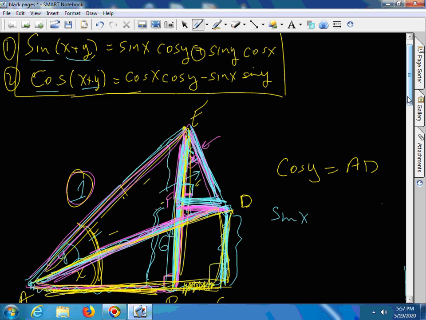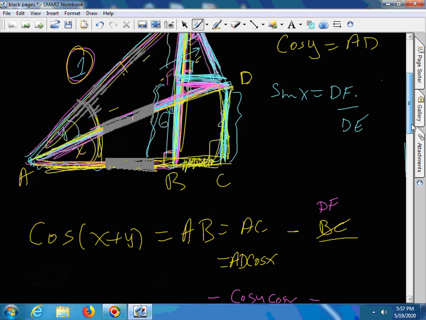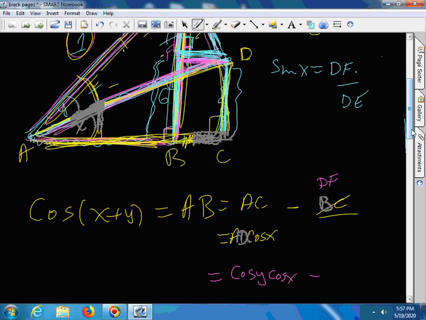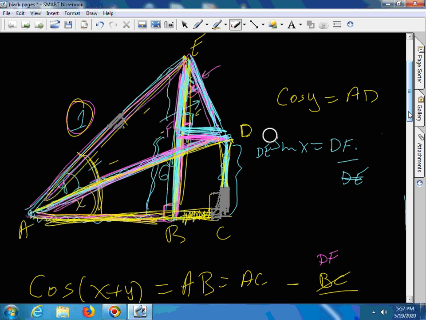The sine of x is equal to DF over the hypotenuse, which is DE. That is DE sine x is DF. So we have minus DE sine x. But what is DE equal to?